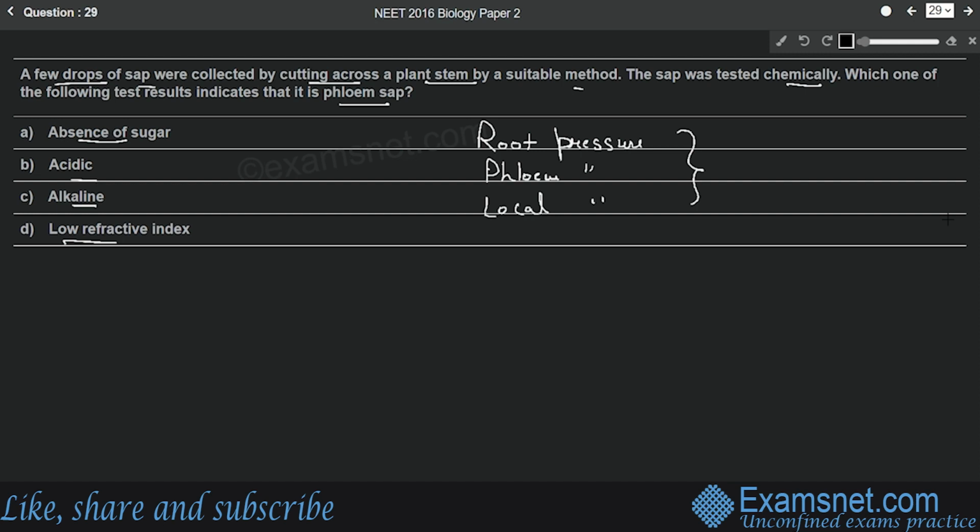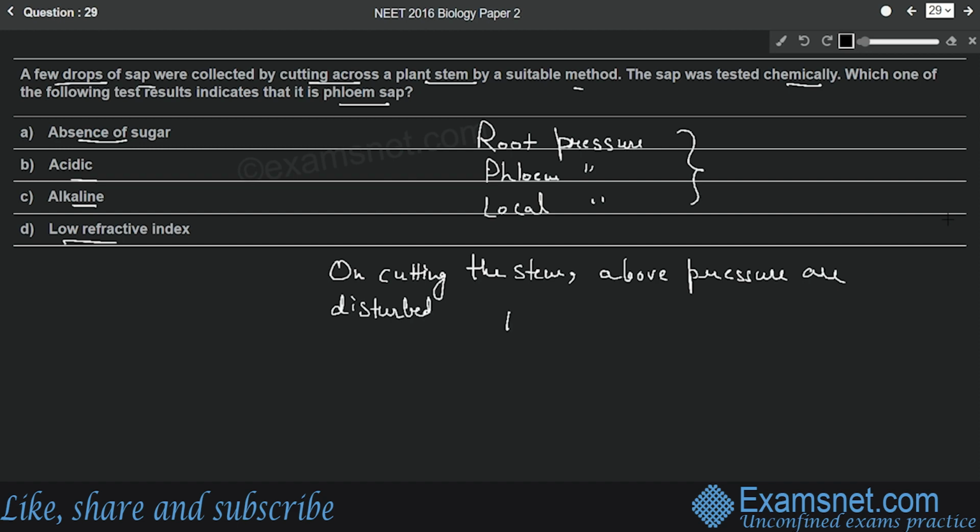But when we cut the stem, or cut any part, then these pressures are disturbed. So on cutting the stem, the above pressures are disturbed, right?